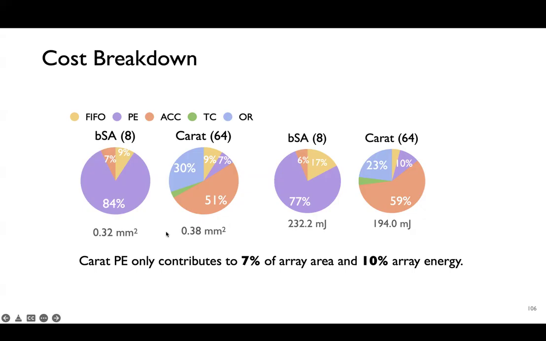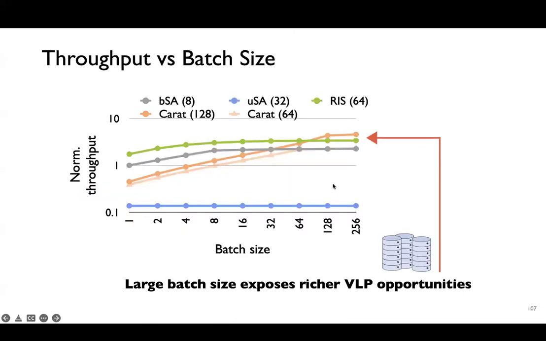Yeah, I saw a question in the chat. So if you are not able to speak, you can just type your question in the chat, okay? So the question is, why did Carat see an increase in the throughput for larger batch sizes versus the RIS? Okay, let me go to that plot. I think it's basically higher utilization of your Carat array.